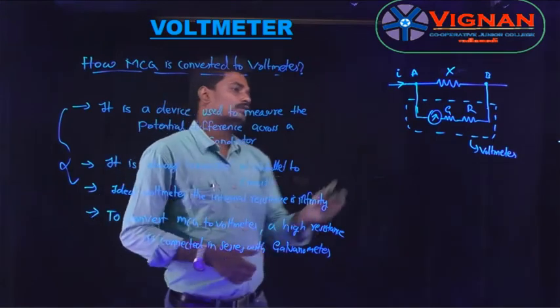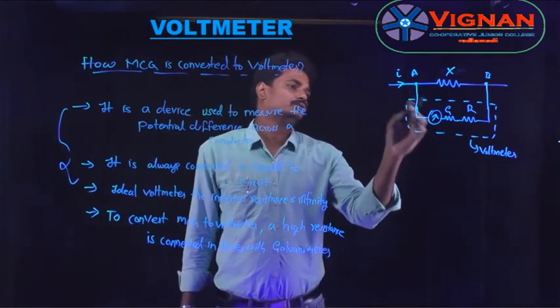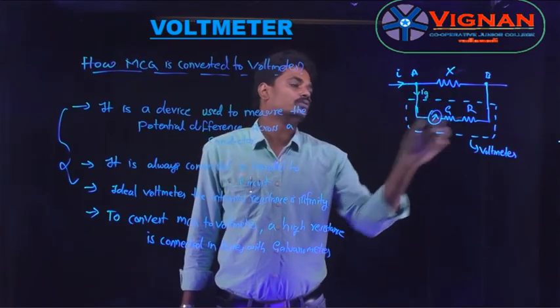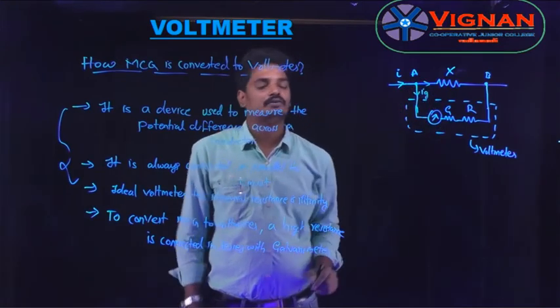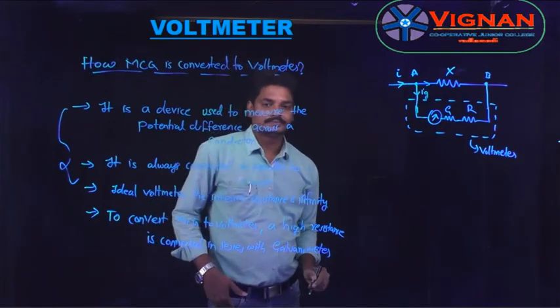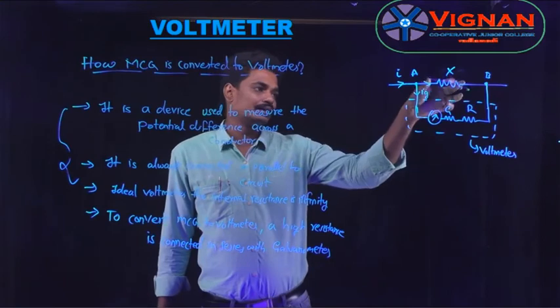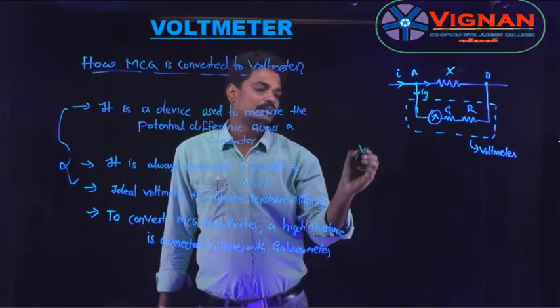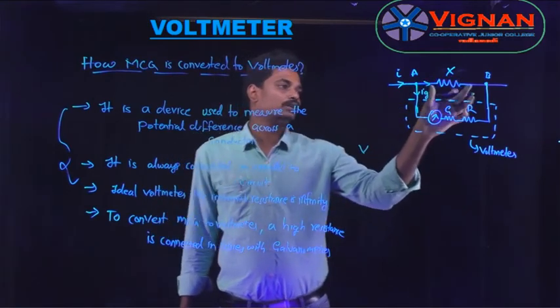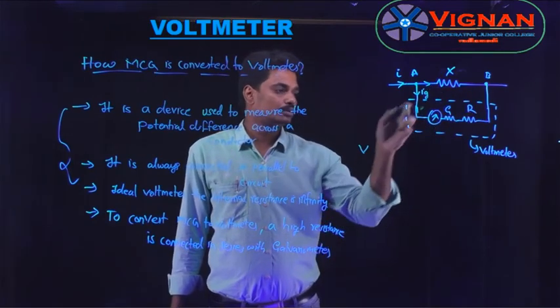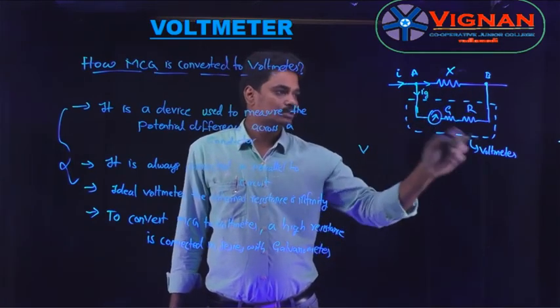As the current I is flowing through this, a small current Ig flows through this voltmeter and the remaining current flows through the X. Let V be the potential difference across the conductor. So the potential difference across the conductor should be equal to the potential difference across the voltmeter.